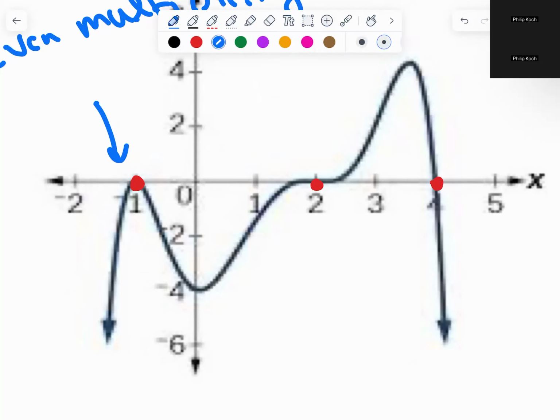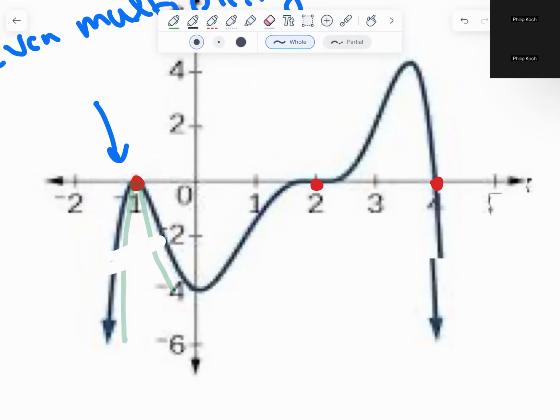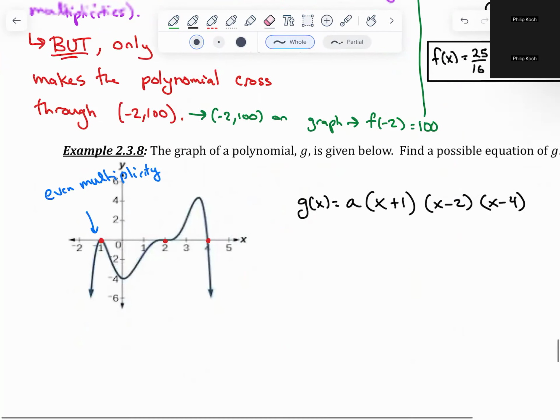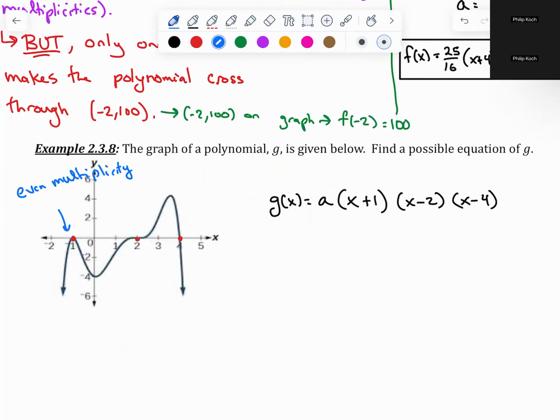Maybe if it was like this, we'd be able to say it's definitely multiplicity 4 or multiplicity 8. But if they don't tell us that, we get the choice. Let's assume 2. So the x plus 1 factor should have an exponent of 2, a multiplicity of 2.